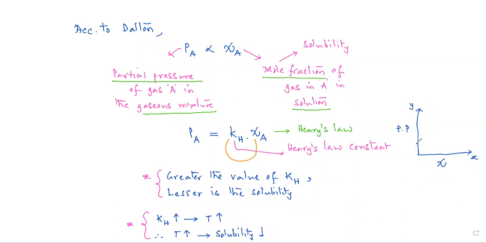See, because they are directly proportional, we get a straight line passing through the origin. So here the slope can be given as KH. Okay, so that is a graph between partial pressure and the mole fraction.